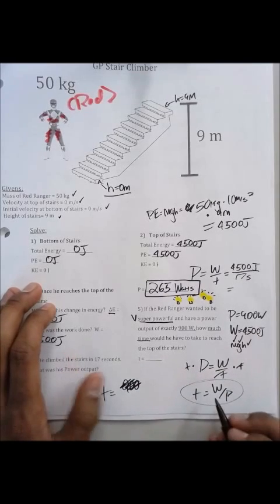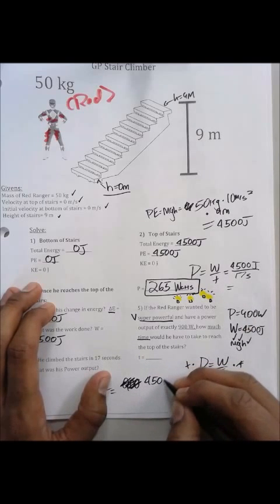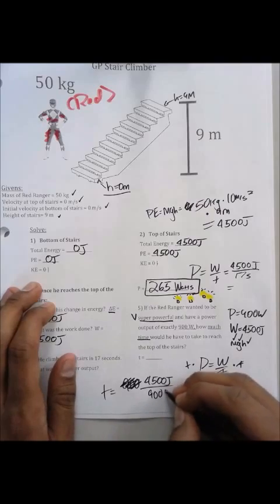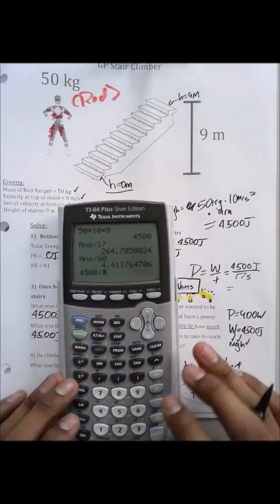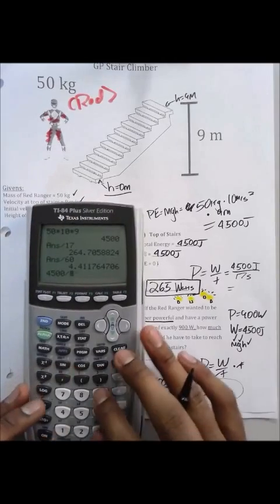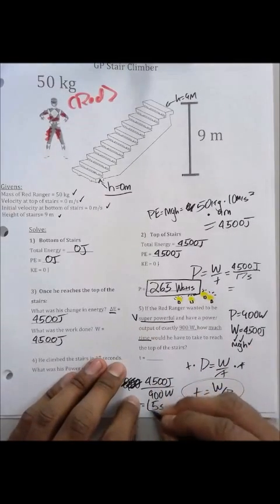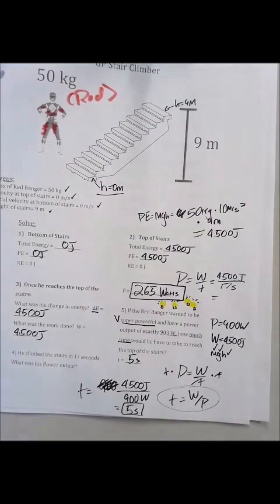See, even I get confused. The work would have to be 4,500 joules, right? The power would have to be 900 watts. And that would tell us that at the end of the day, he needs to do that 4,500 joules of work in 5 seconds to get a power output of 900 watts.